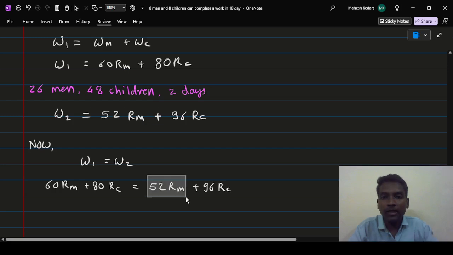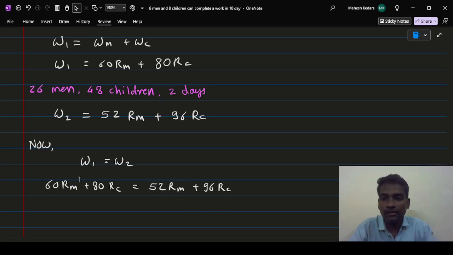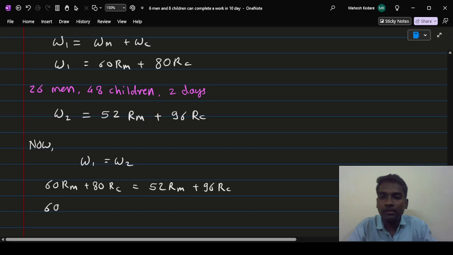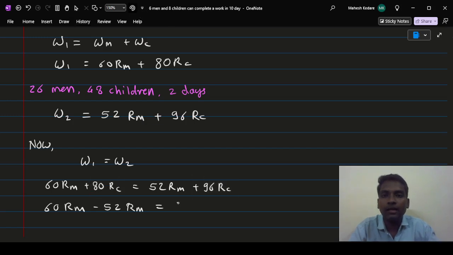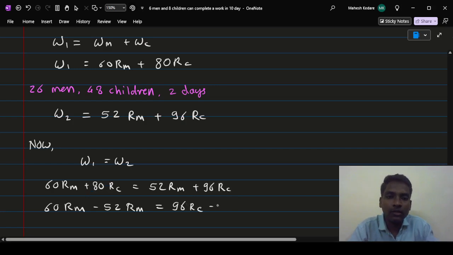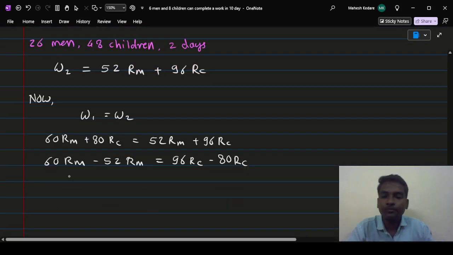Now, when we transfer 52 Rm to the left hand side, it is subtracted from 60 Rm. We get 60 Rm minus 52 Rm. And we transfer 80 Rc to the right hand side, and we get 96 Rc minus 80 Rc, and this gives us 8 Rm equal to 16 Rc.